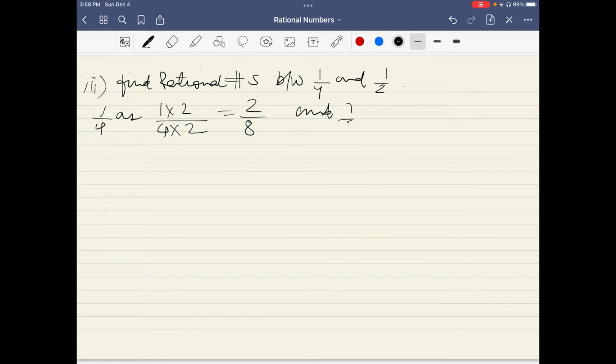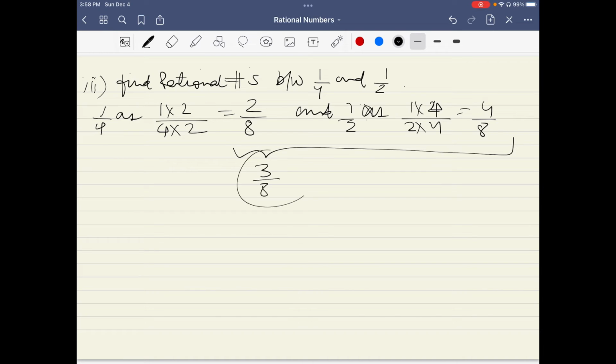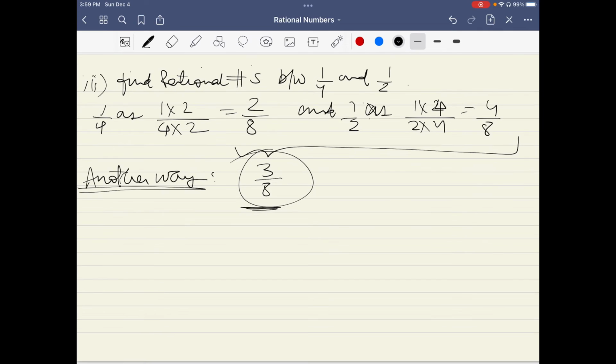And we can write 1 over 2 as 4 over 8. So now they just asked to find a rational number between 1 over 4 and 1 over 2. We see that it is 3 over 8. Therefore, the rational number between 1 over 4 and 1 over 2 is 3 over 8.